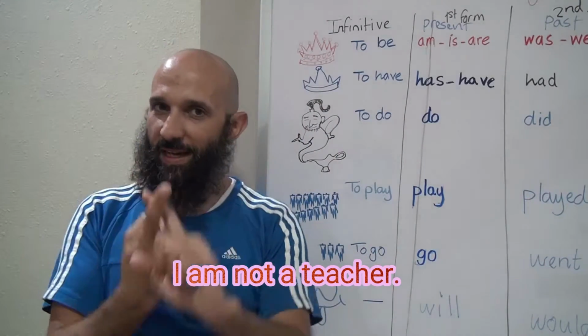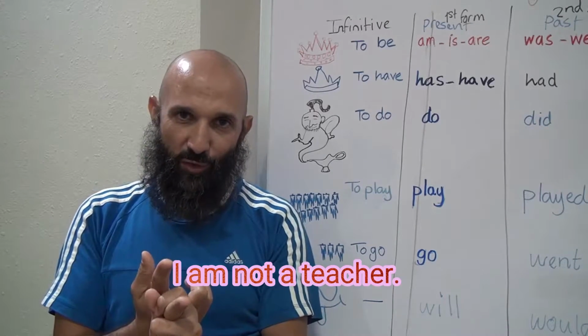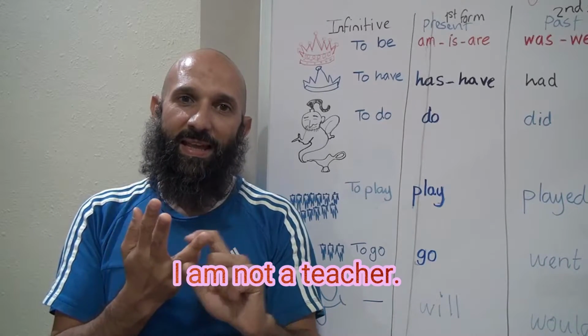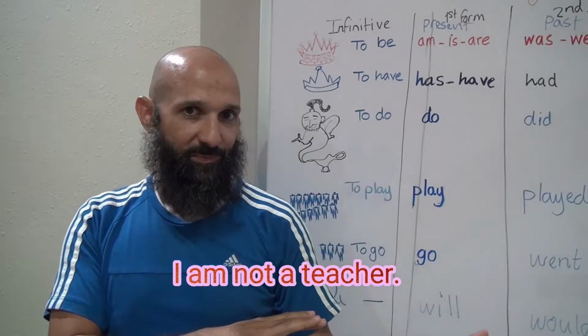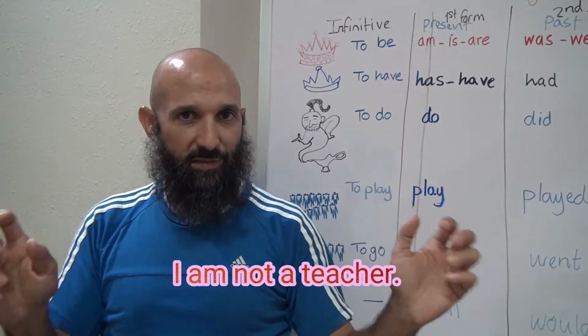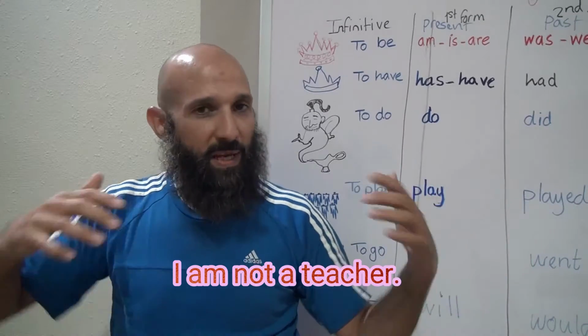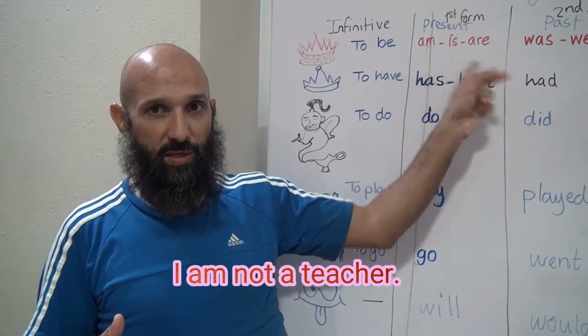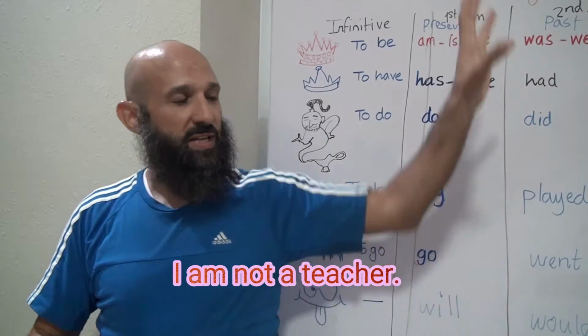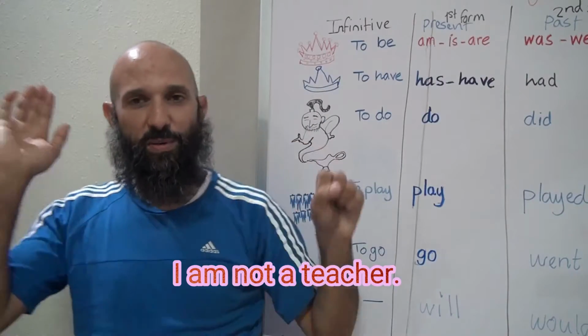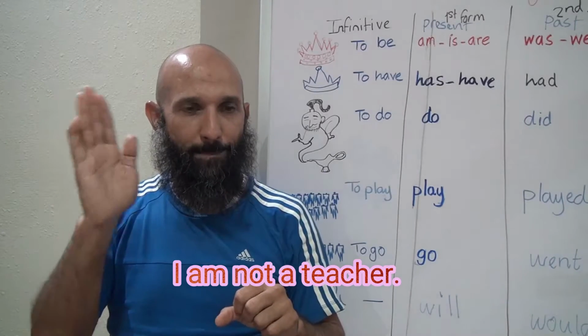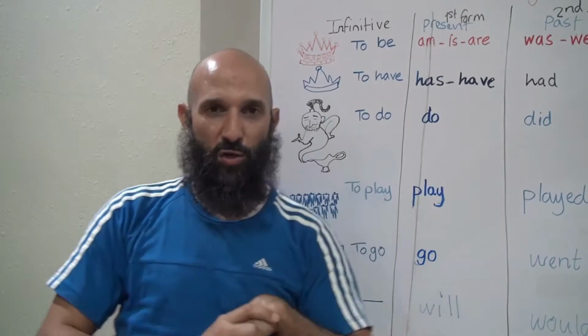Let's see. I is the subject, am is the verb, and then a teacher, that's the completion. If this positive sentence wants to become a negative sentence, what does it do? Because it's the son of the king, one of the 3 sons of the king, am, is, are, it just takes the negative. So it becomes I am not a teacher.